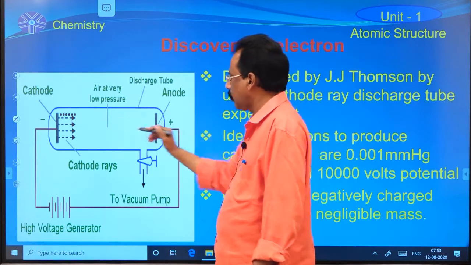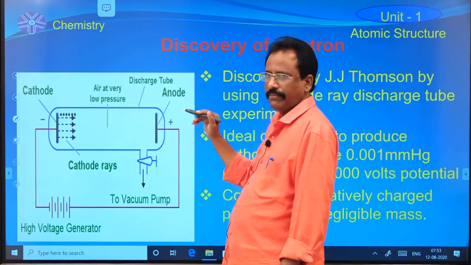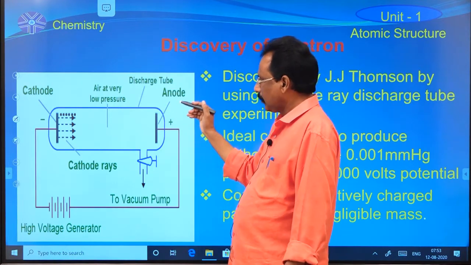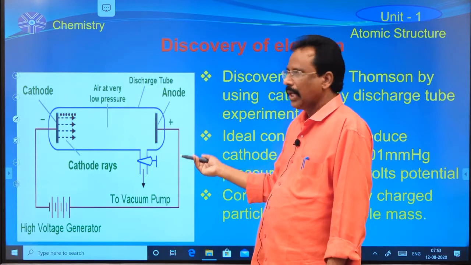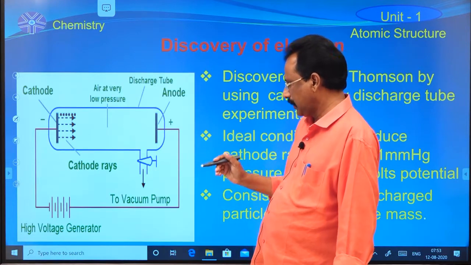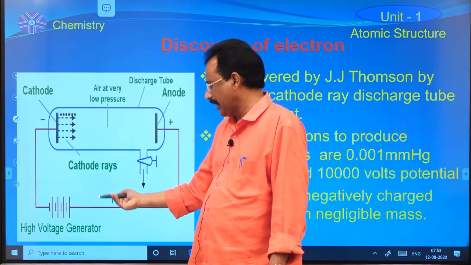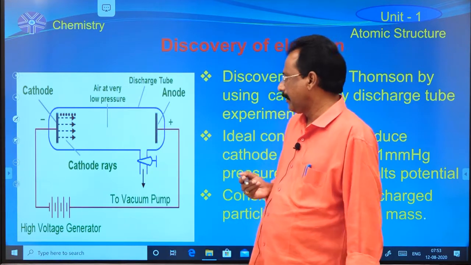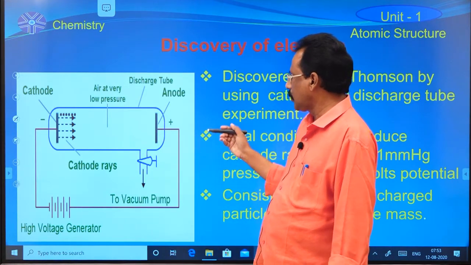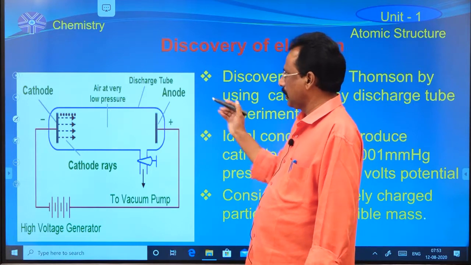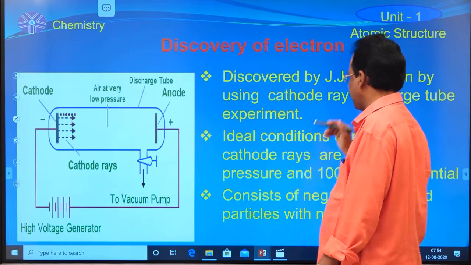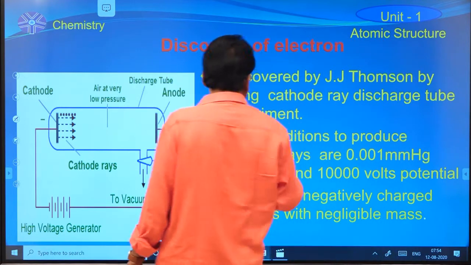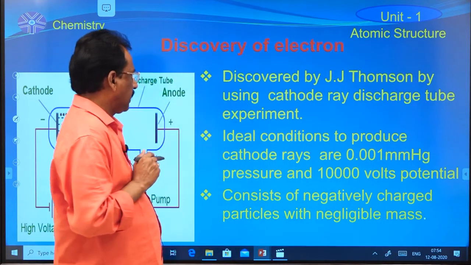This is a discharge tube made of glass, and to remove the air present in the glass tube, it is connected to a vacuum pump. This is the high voltage battery to provide about 10,000 volts. This diagram indicates the setup for the discharge tube experiment which was conducted by J.J. Thomson.